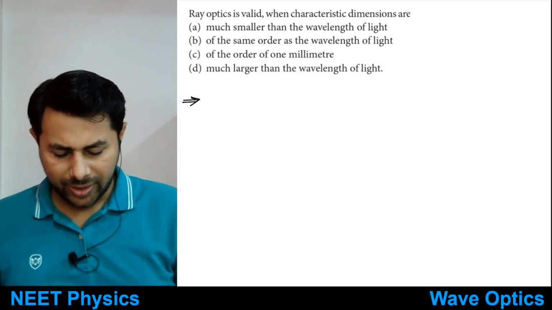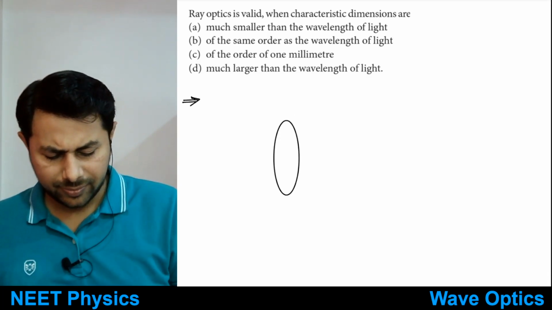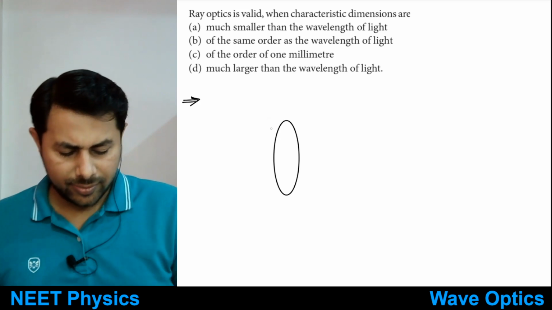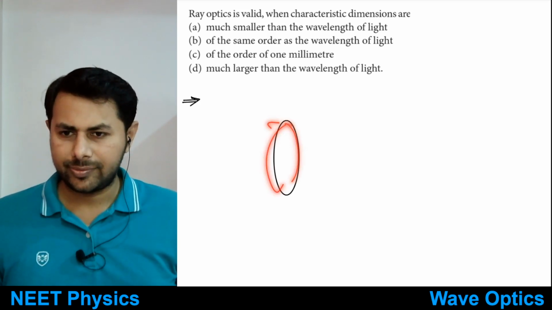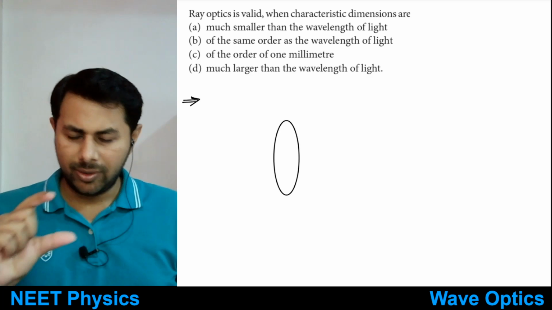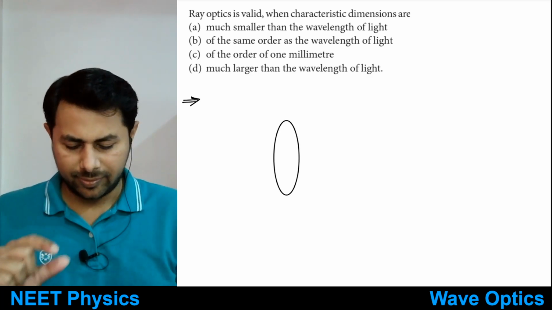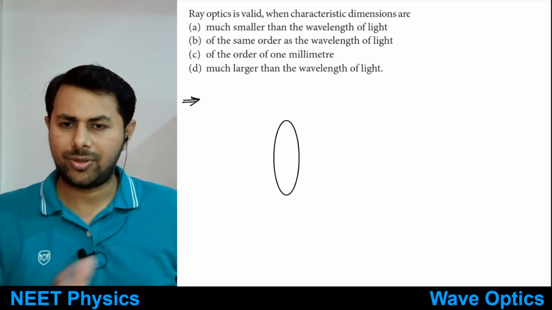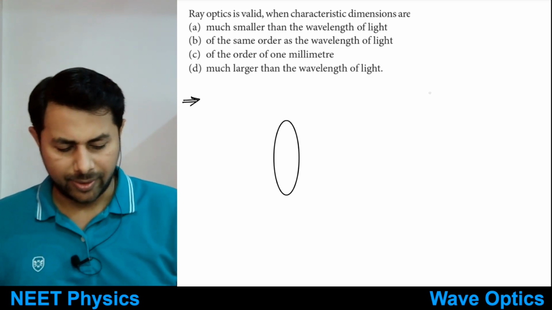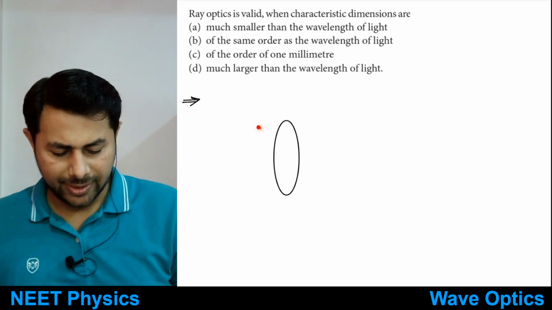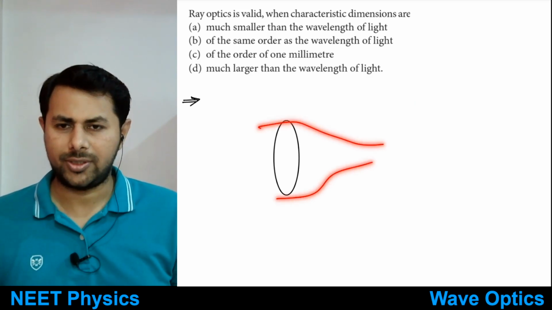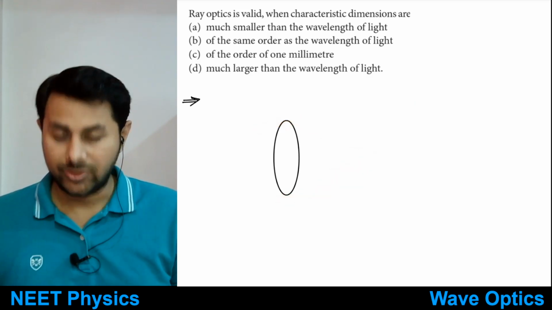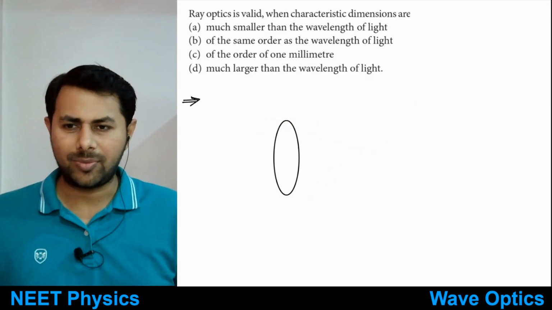Why? For example, suppose you take a microscope, and if the microscope is very small, so that its size is of the order of the wavelength, then what will happen? We know that light bends along the corners of an obstacle because it's a wave. Waves have a tendency to bend along the corners of an obstacle.